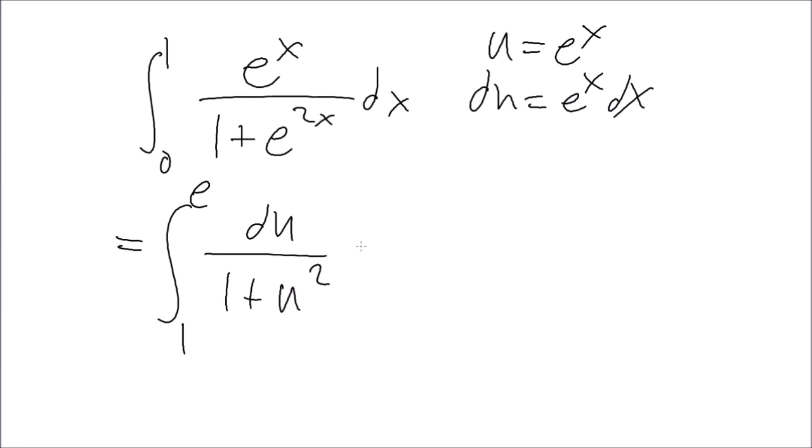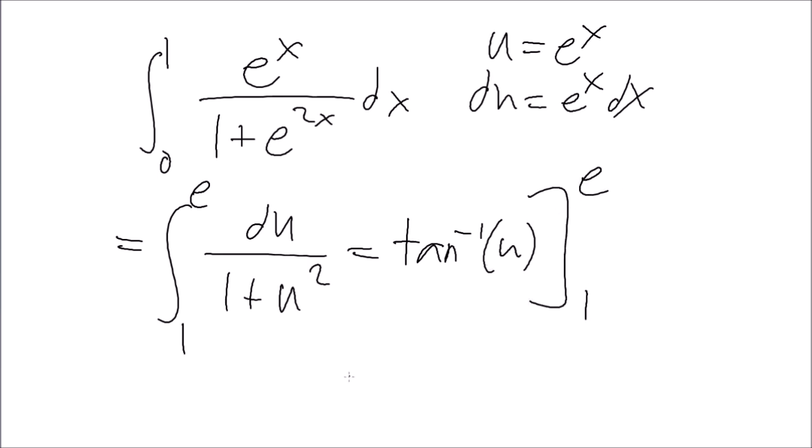Okay. So now, I should have put infinity. This is equal to inverse tangent of u from 1 to e. Inverse tangent of e, you could just leave it because there's no simplified form of that. Minus inverse tangent of 1. Inverse tangent of 1 is pi over 4.